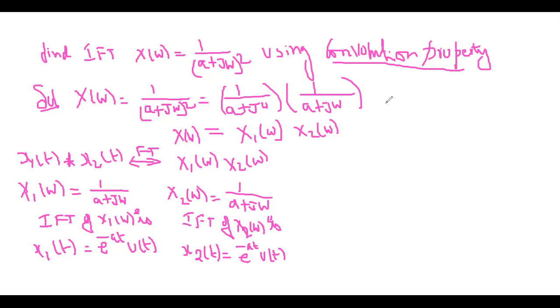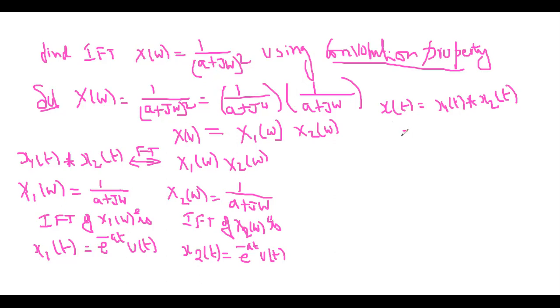Okay, what is a convolution? Now I am taking x of t is equal to x1 of t convolution with x2 of t. I need the x of t because the given x of omega is in frequency, and we have to find out the time domain function.